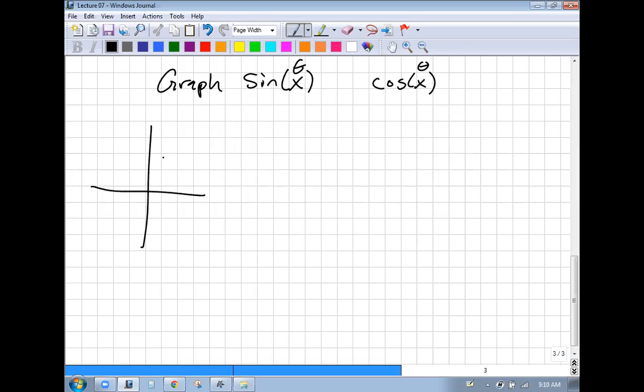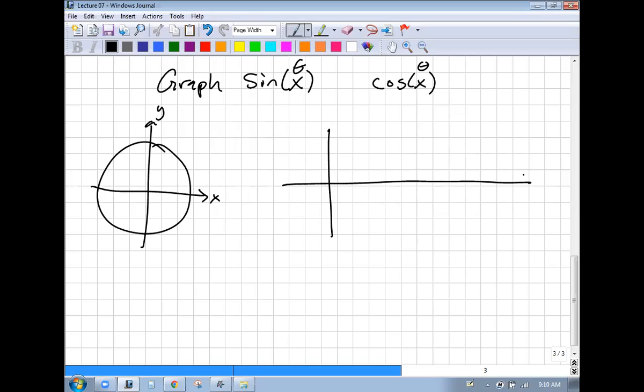So we have two different visualizations going on here. Here's the unit circle. That's a tool that allows us to evaluate these functions at different inputs. But what we want to do is graph this guy, which is a different visualization of these functions.